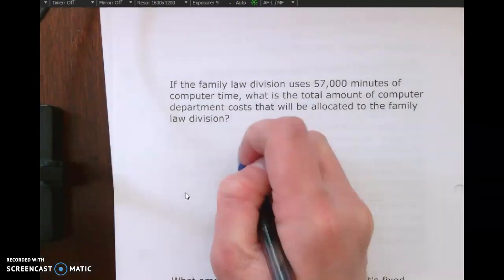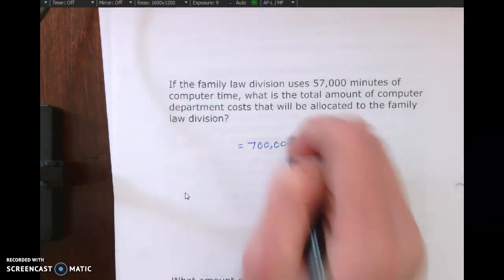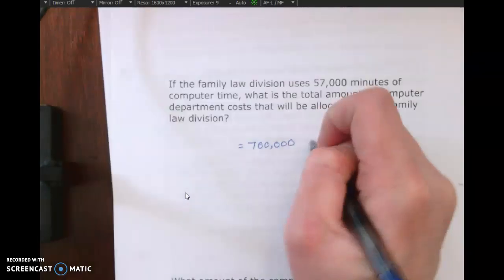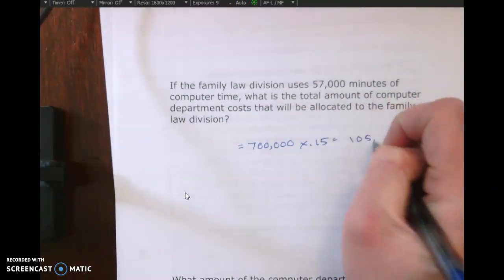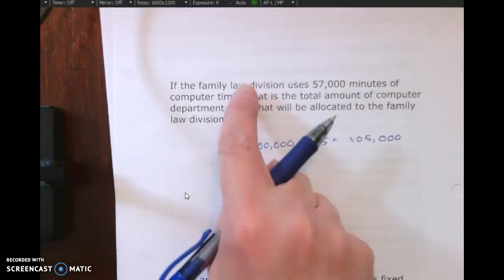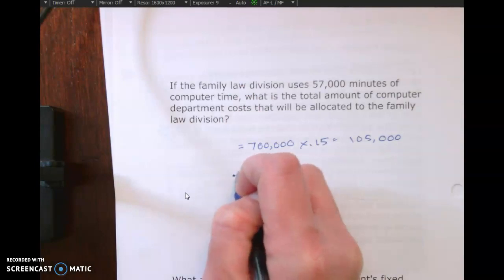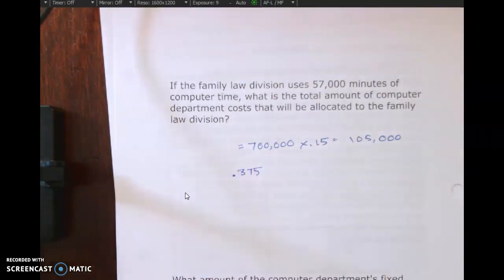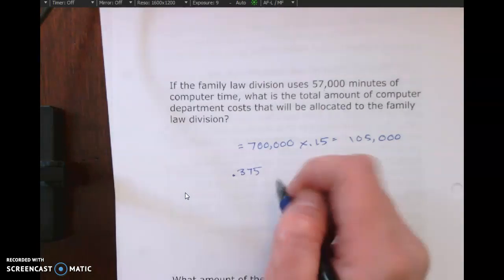Well, in this case, if you look back on that other page, you would see that they get 15% of the capacity. $105,000 is the allocated fixed cost from the computer system that family law receives. The other thing is we already calculated our rate, 0.375 or 37.5 cents per minute of computer time. Family law uses 57,000 minutes.